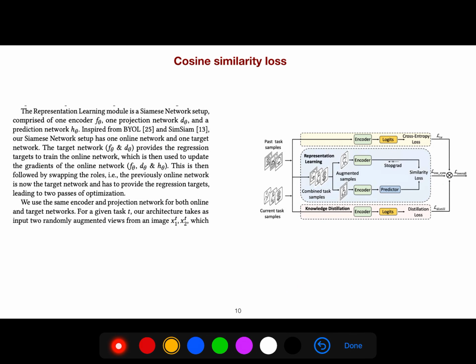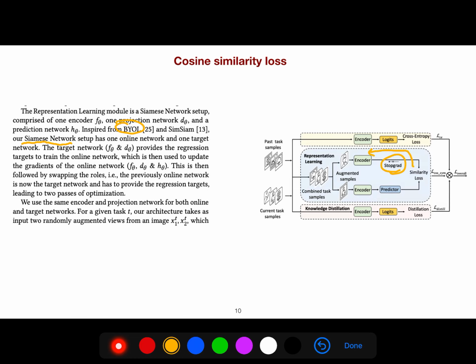The representation learning module is a Siamese network, which comprises one encoder f theta, one projection network, and a predictor network, like BYOL and SimSiam. Inspired by BYOL and SimSiam, this Siamese network has one online network and one target network. The target network provides the regression targets to train the online network. Because you use stop gradient, you don't use backpropagation in this path.